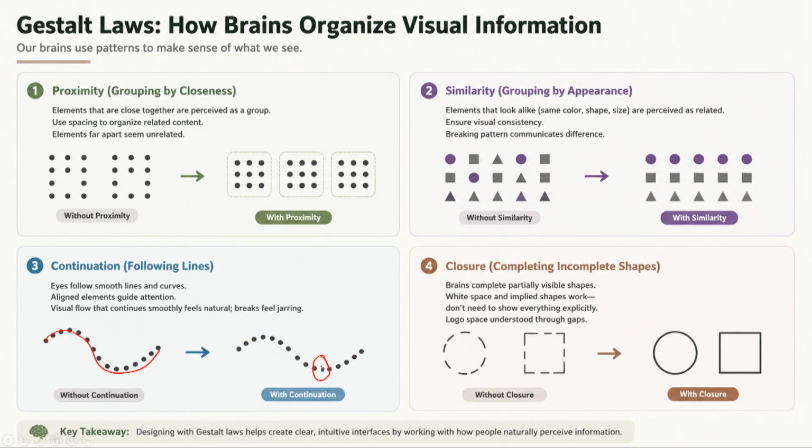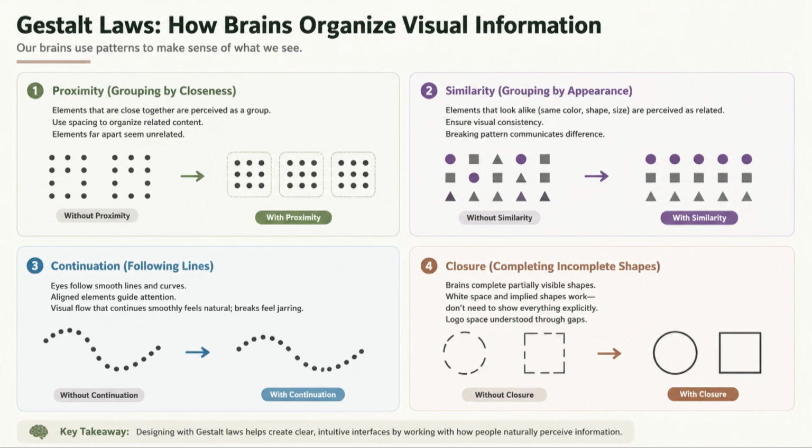Even though the shapes are changing from here to here, I can still feel that there is a smooth line and there is a curve. So aligned elements guide attention. Visual flow that continues smoothly feels natural and breaks feel jarring. Here there is a different shape, but still if I look at it, I am still feeling that there is a continuation.